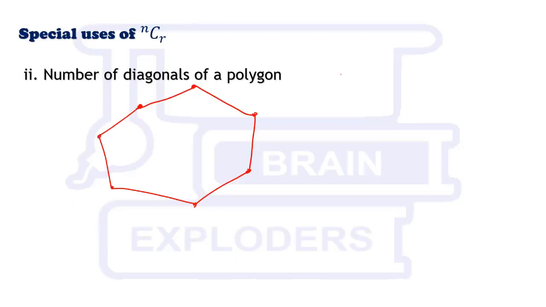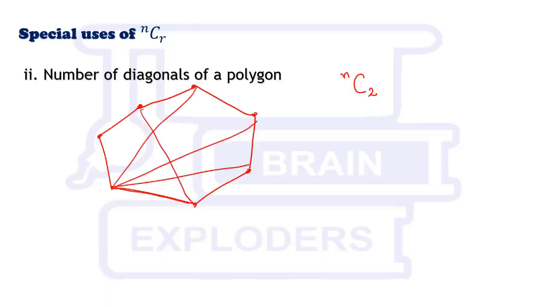If from the vertices we select any two of the vertices, then we will get a line segment like this or this or this or this, etc. So there are nC2 possibilities for a line segment, but for a diagonal the points should not be adjacent. There are possibilities that if we select 2 vertices and the vertices are adjacent, then it will not be a diagonal, it will become a side.